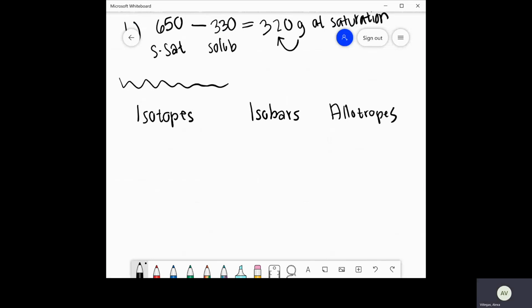Okay, so isotopes are different forms of the same element because they have the same atomic number, which is the number of protons or electrons. But they're different forms.